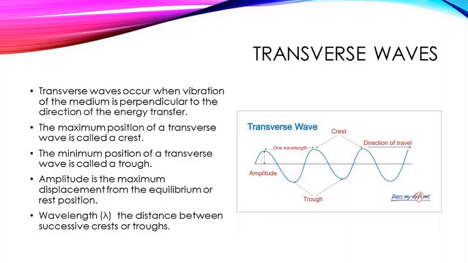The maximum position of a transverse wave is called the crest, the very top of the wave. The minimum position of a transverse wave is called a trough, the very bottom of the wave. Amplitude is the maximum distance from the equilibrium, or the rest place.